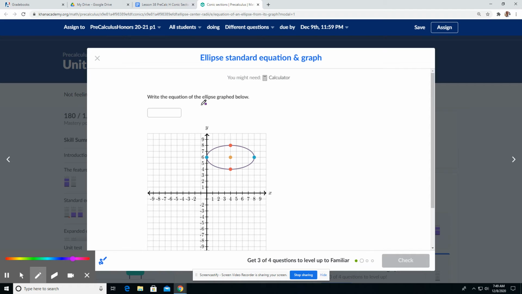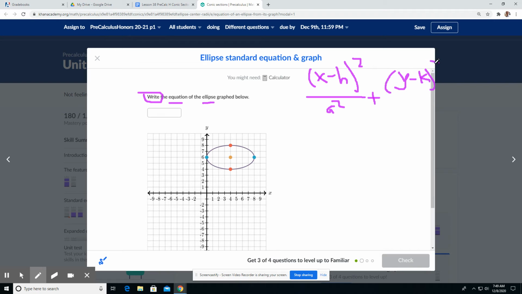Okay, it is different. Write the equation of the ellipse graphed below. What do we always have? The form (x minus h) quantity squared over a squared plus (y minus k) quantity squared over b squared, always equal to what? 1.